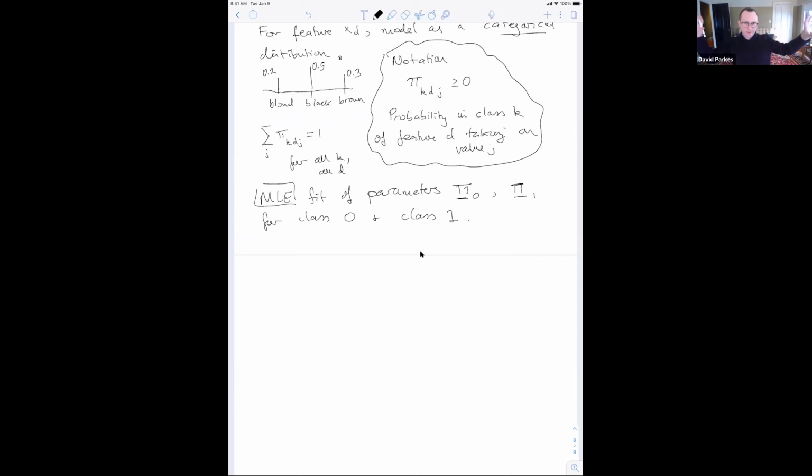And again, you split the data up into the class 0 data. You use the class 0 data to estimate the parameters for class 0. You use the class 1 data to estimate the parameters for class 1. And it comes down to a pretty simple summation and division exercise to estimate.